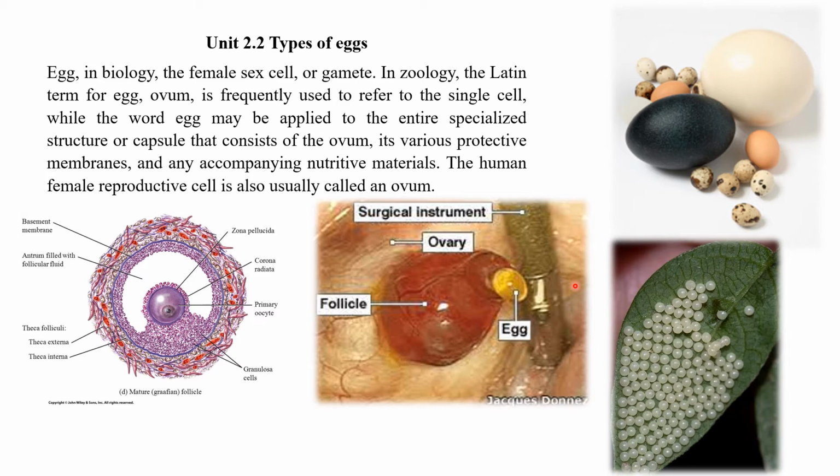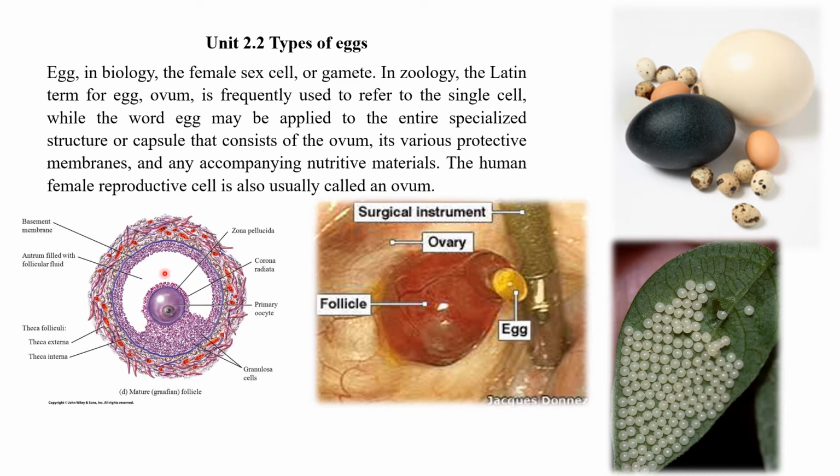And here you can see some of the eggs of birds, and this is an egg of butterflies. And if you look here, a photograph of a Graafian follicle, a follicle which has a mature ovum of human beings or any of the mammals.